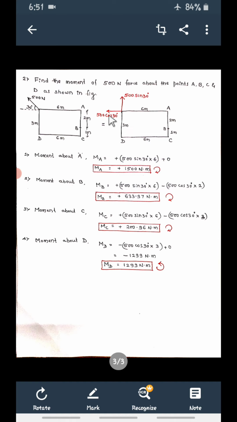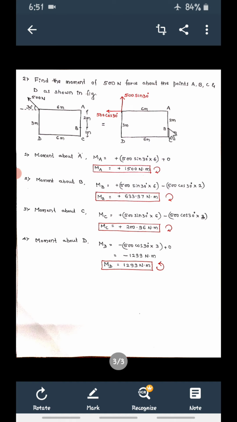Since it is passing through point A, there is no moment of this force. So there is only the moment of 500 sin 30 into 6 meters, plus 0. So it is 1500 Newton meter. This is plus, which means clockwise.